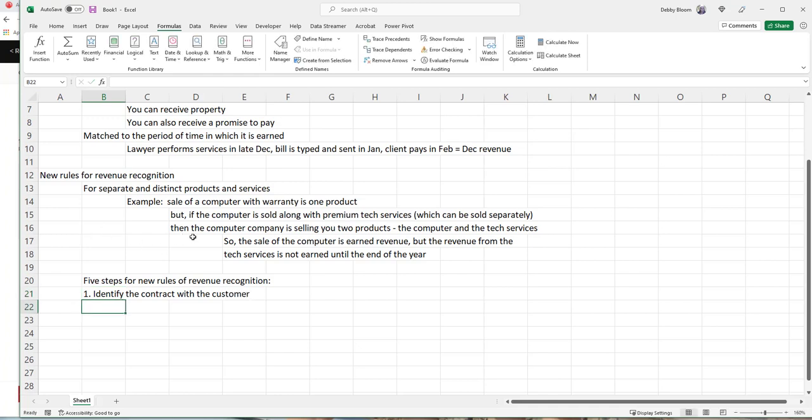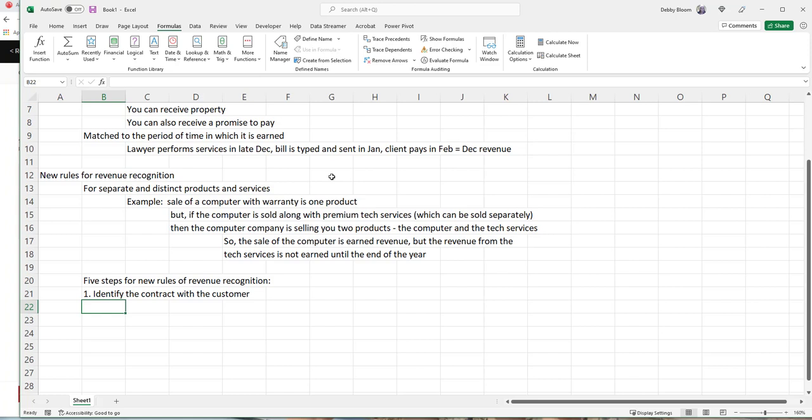So in the case above, if I'm selling a computer along with free premium tech services, there's actually 2 contracts. There's the contract to sell the computer, and then there's the contract to provide the tech services. If I sell a gym membership and I promise to give them free yoga classes in the future, then there's two products.